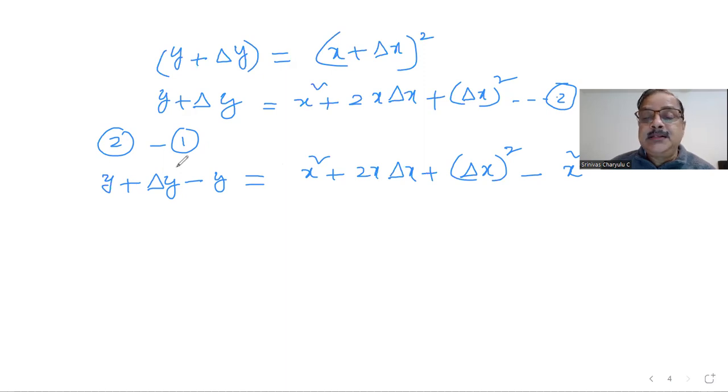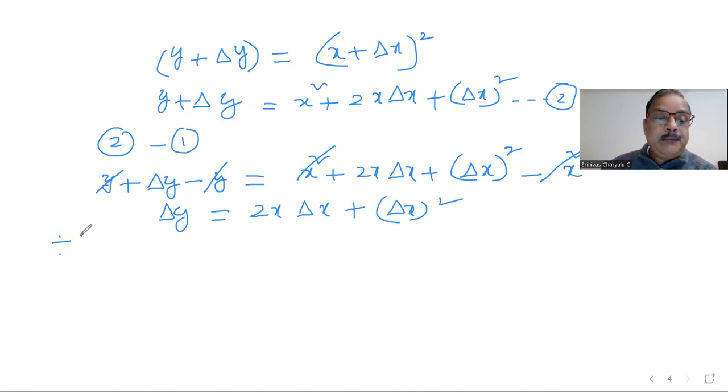Left hand side we are having y plus delta y. First equation is y. So left hand side y plus delta y minus y. Right hand side you are having this x square plus 2x delta x plus delta x whole square minus x square. Cancel x square and x square. Now y and y also cancel. Delta y is equal to, you are left with now, 2x delta x plus delta x whole square.